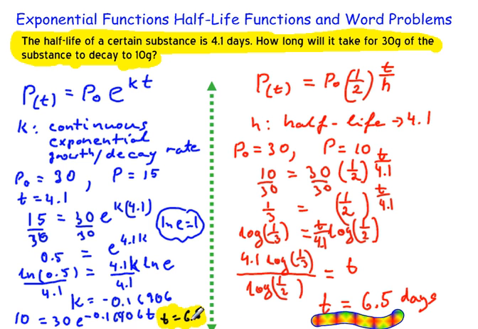And it does make sense because half-life is 4.1 days. Since you're shrinking more than 50%, so it should take you longer than 4.1 days. So that's where you can sort of reason possible answer or not. I hope you have enjoyed watching this solution, and I see you next time.